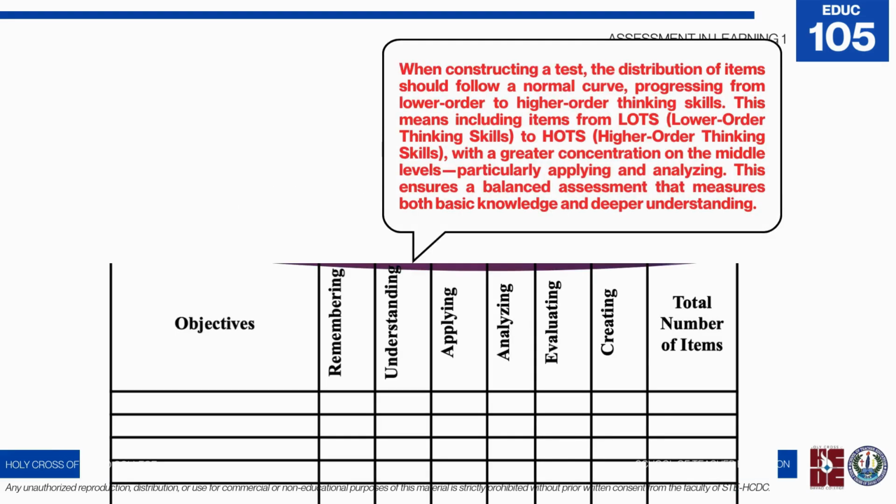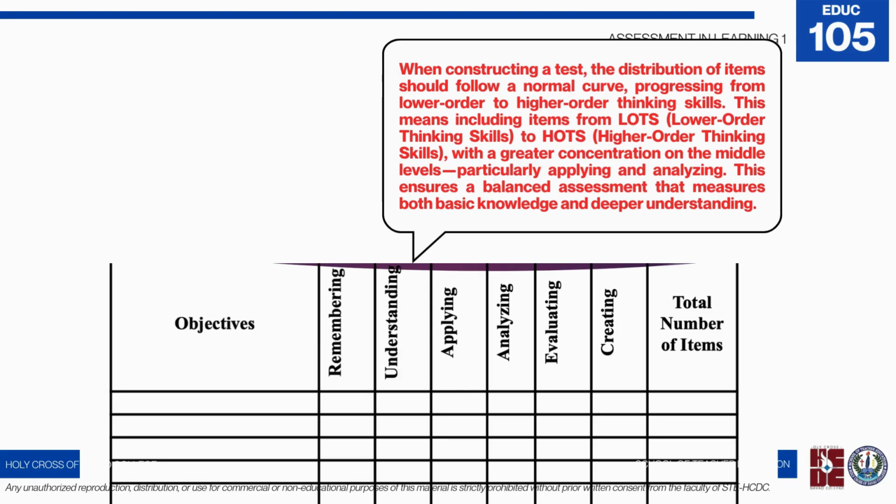Now, this is another example as well. If we're going to use a TOS without the number of items or the number of questions, then we need a TOS that follows a normal curve.